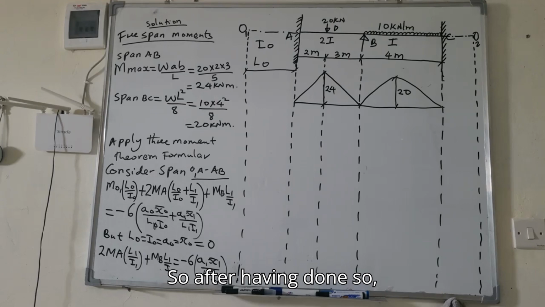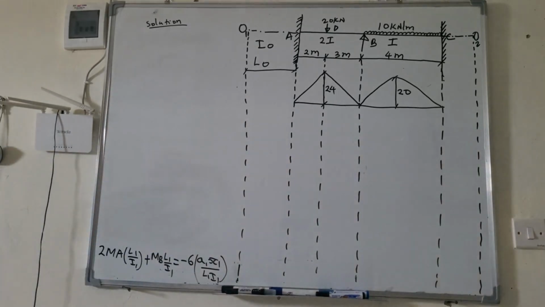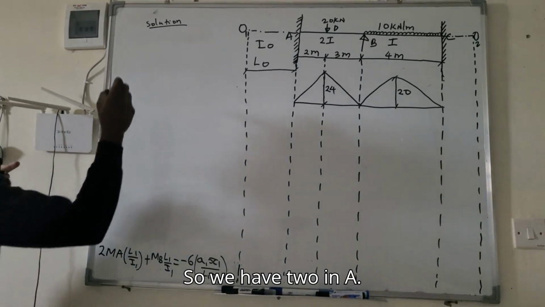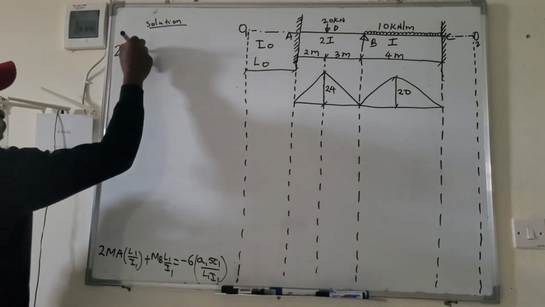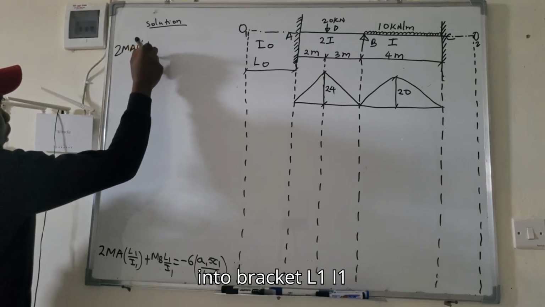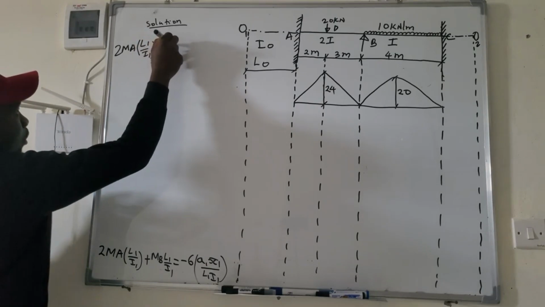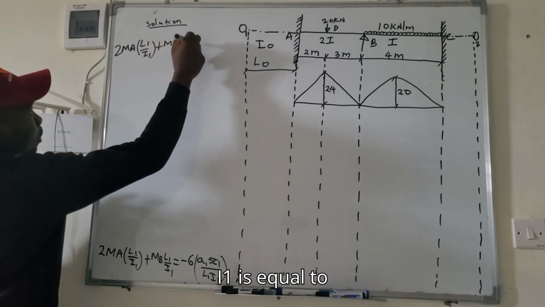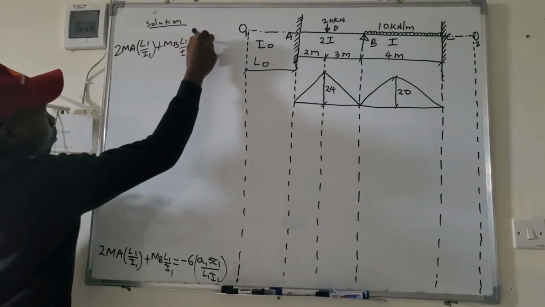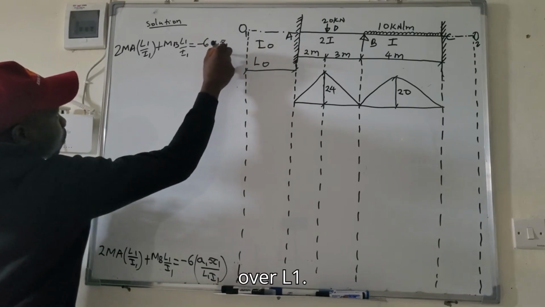So after having done so, we have 2 MA into bracket L1 I1 plus MB L1 I1 is equal to minus 6 A1 x bar 1 over L1 I1.